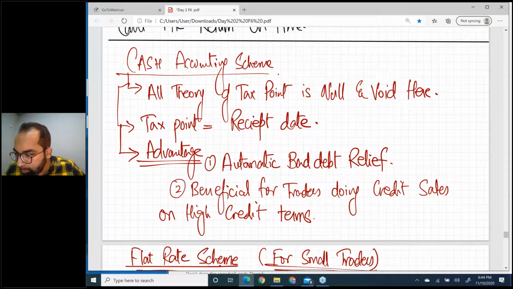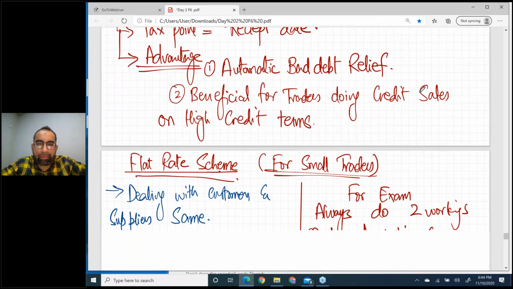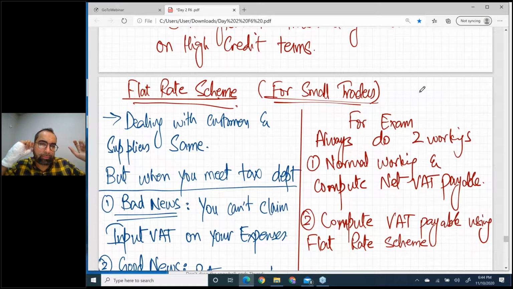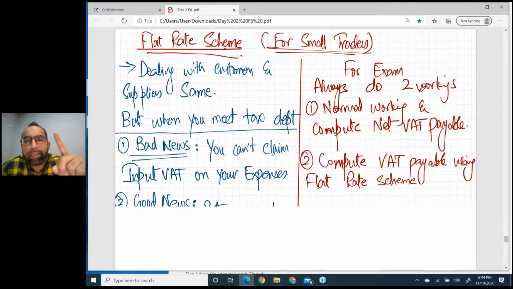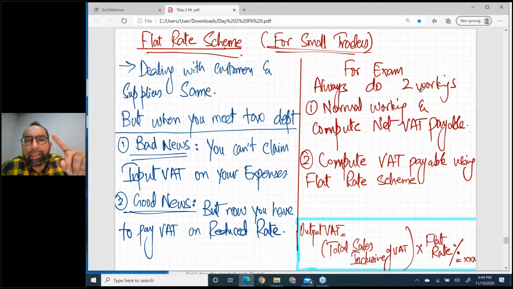Now one thing I forgot to tell you, for cash accounting scheme, the limits of 1.35 million and 1.6 million are same. So the limits for cash accounting scheme and annual accounting scheme are exactly same.